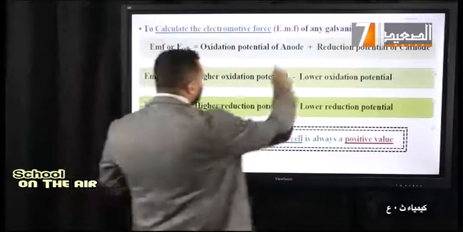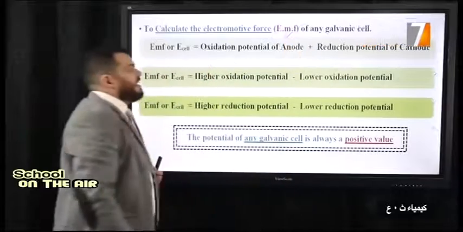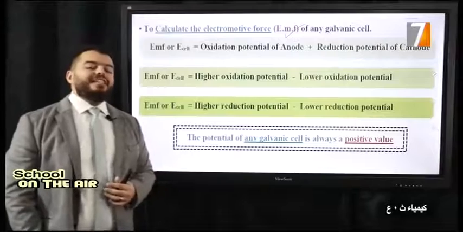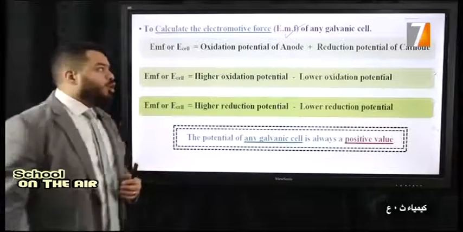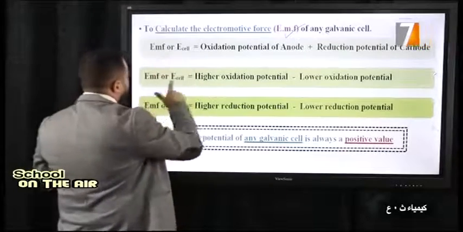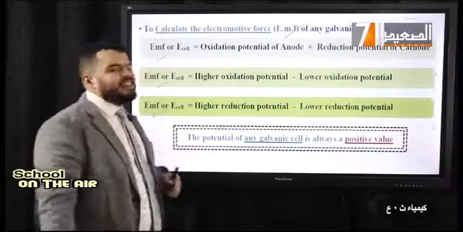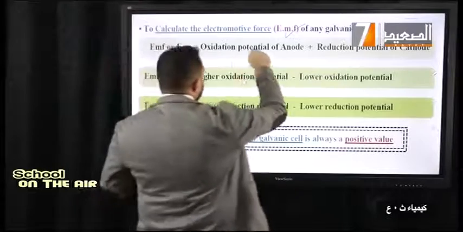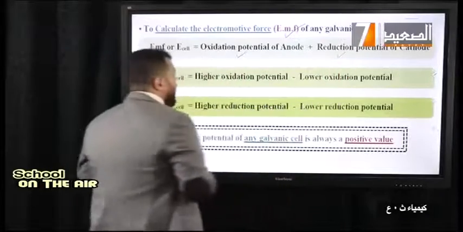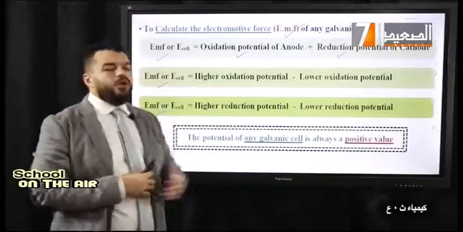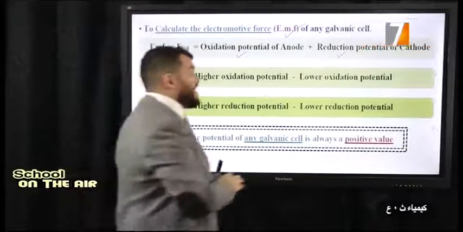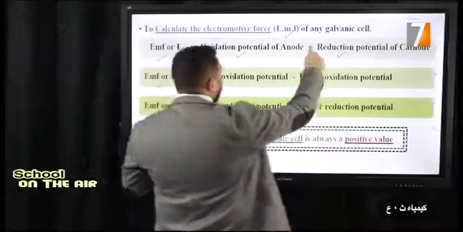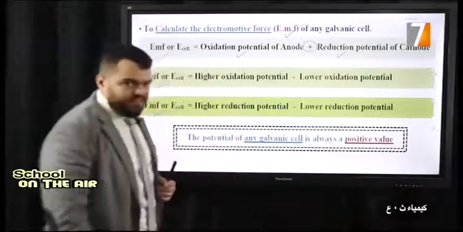How do you measure the electromotive force of any galvanic cell in a mathematical way? You will have to study three rules to measure the EMF of any galvanic cell. If I give you the oxidation potential of the anode, which will be oxidized, and the reduction potential of the cathode, which will be reduced, you have to add them to each other.